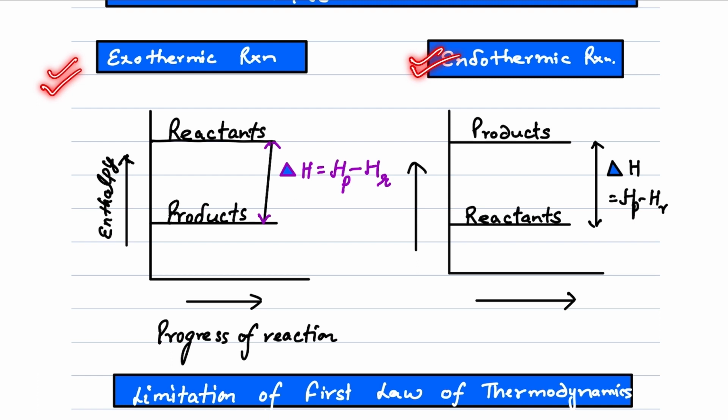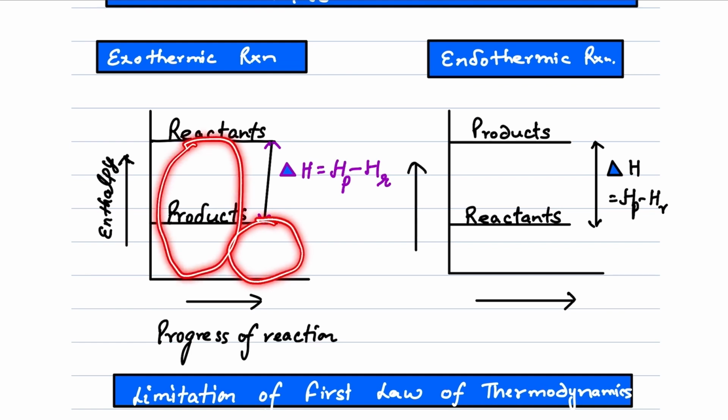Now let's discuss the graphs of exothermic and endothermic reactions. The first graph we have plotted is between enthalpy and progress of the reaction. If we consider reactants as well as products, then delta H is basically equal to Hp minus Hr, that is, the enthalpy of products minus the enthalpy of reactants.